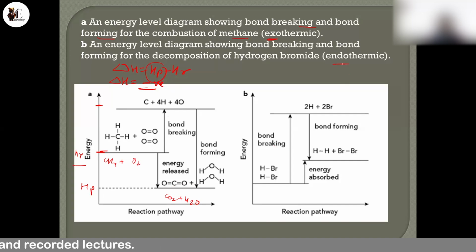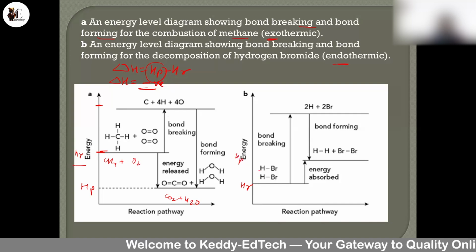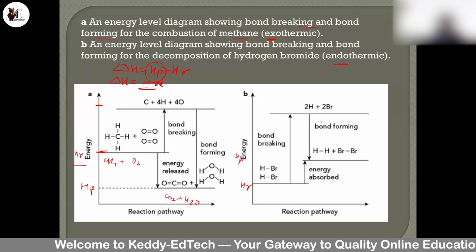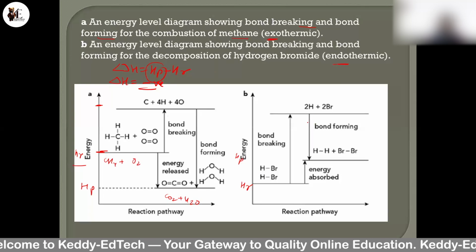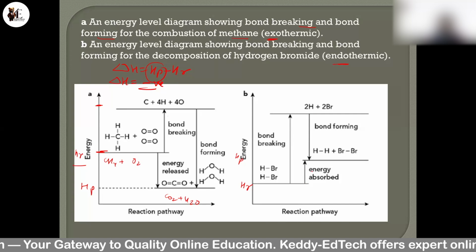Similarly, in the endothermic reaction, for the decomposition of HBr, HBr decomposes. This is your enthalpy of reactants and this is your enthalpy of products, H2 plus Br2. Energy is absorbed in breaking the bonds and energy is released in forming the bonds. The energy released is shown by a downward arrow and energy absorbed is shown by an upward arrow.